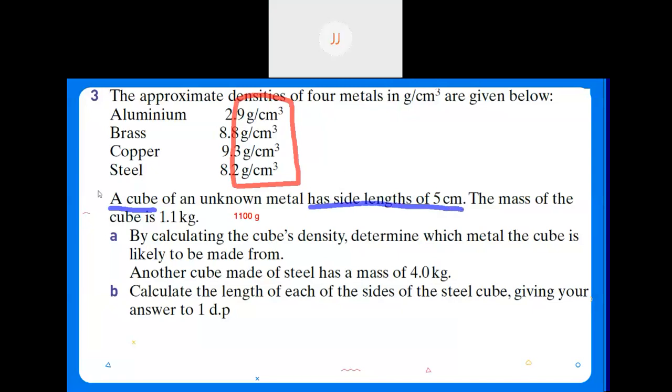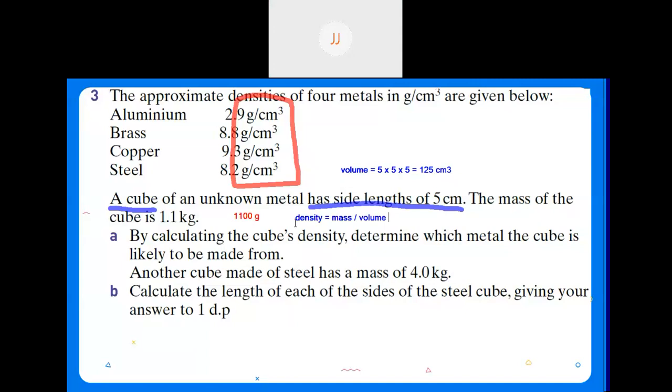Anyone want to help me find the volume? 5 times 5 times 5. Yeah, 5 times 5 times 5 equals 125 centimeter cube. Now we already have the volume and the mass, so we can find the density. How do we find the density? Mass by volume.